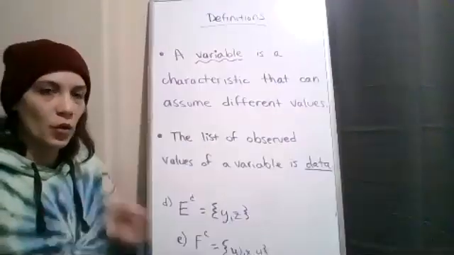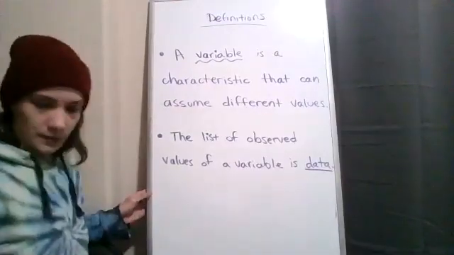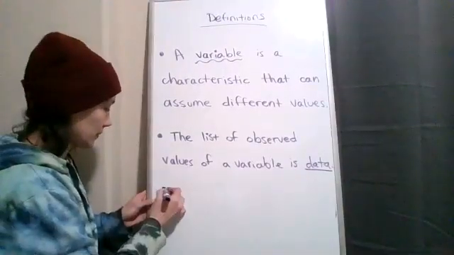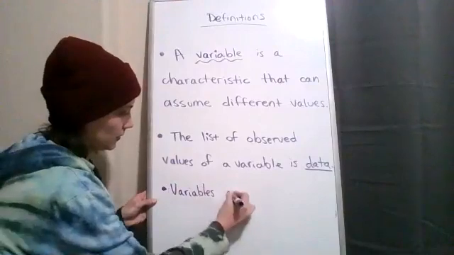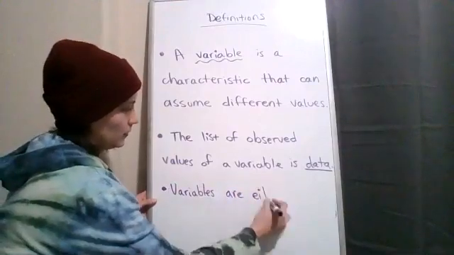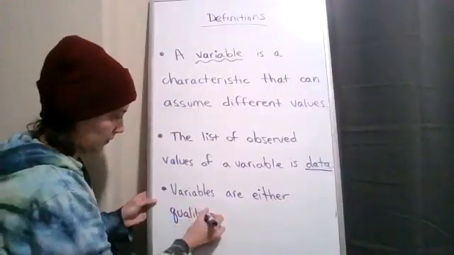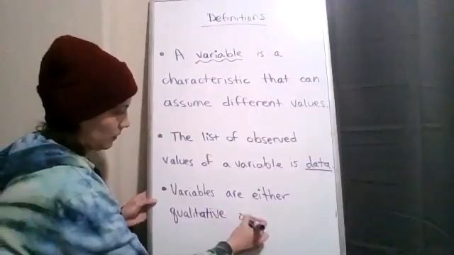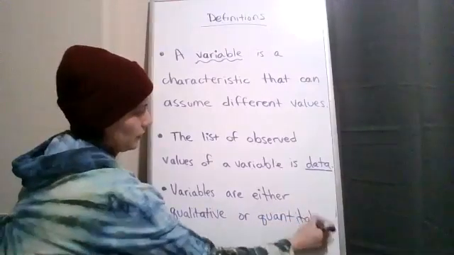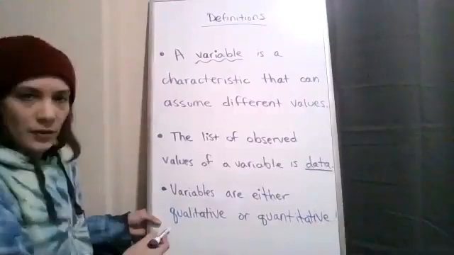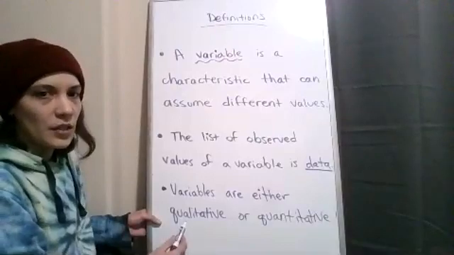Variables are either qualitative or quantitative. So the first one, QUAL, quality: some kind of characteristic you can't measure.